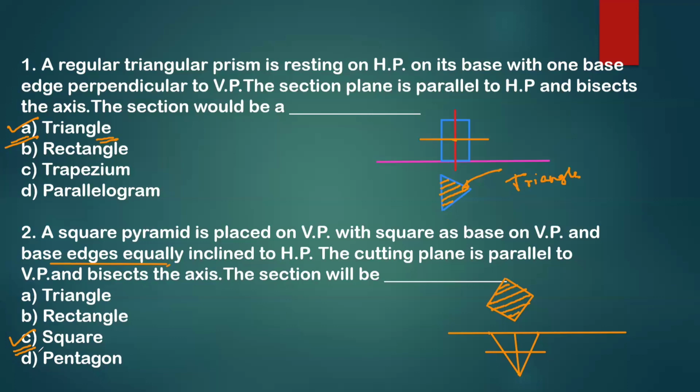If it is parallel to the VP, then whatever section portion we get will definitely be a square, as it is a square pyramid. So that's why option C is correct here. We'll see the next one.